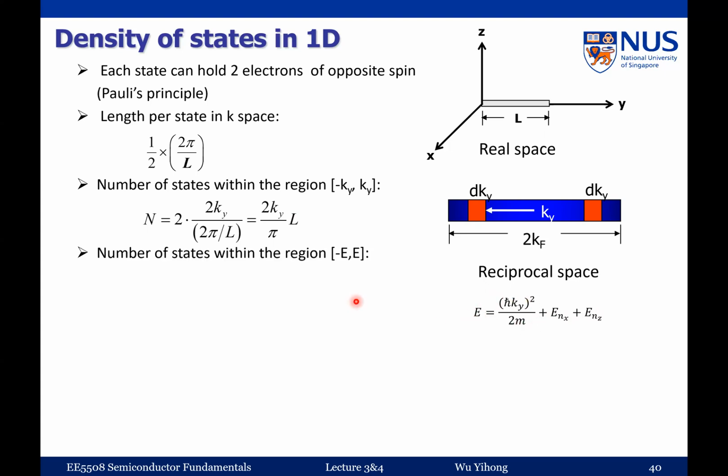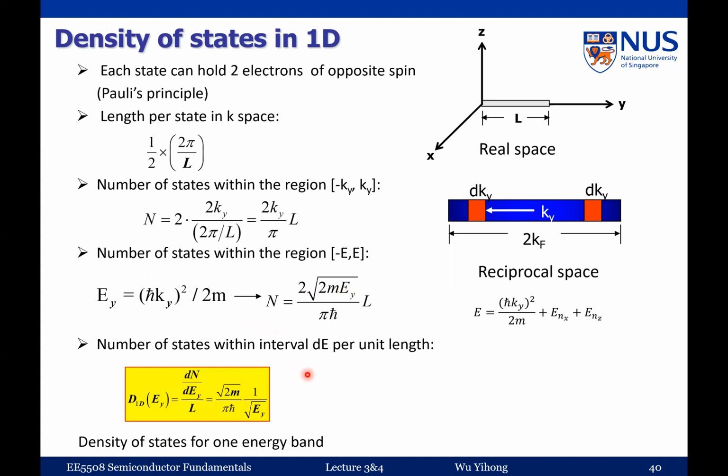And then we substitute this in to here, and we get n as a function of Ey, right? And then we differentiate this one from both sides with respect to n, and rearrange it. Then we get the number of electrons per unit length in real space, and per unit energy interval in energy space.